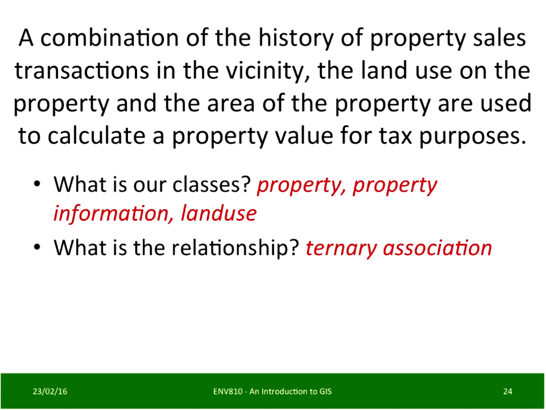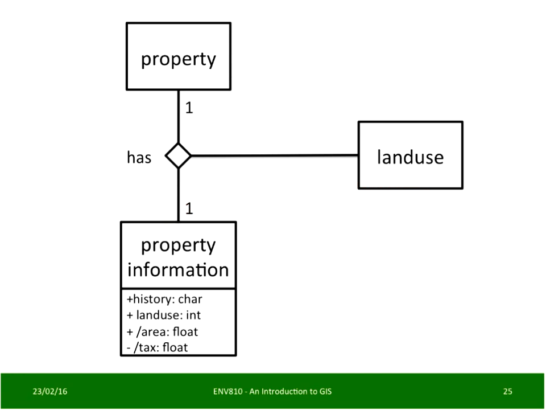And all these 3 things are now associated with each other. So the result looks something like this. You still have your property, which has one property information section relating to it, and there is a specific land use relating to a specific property.